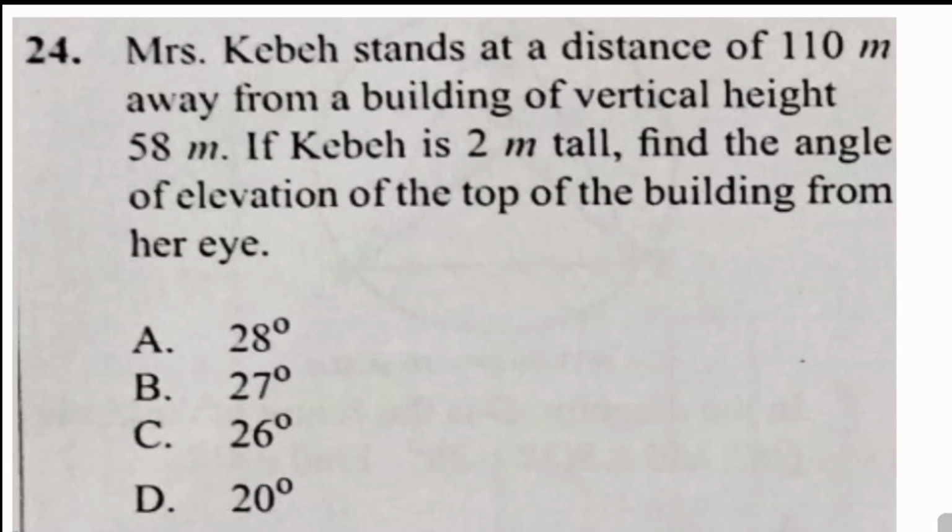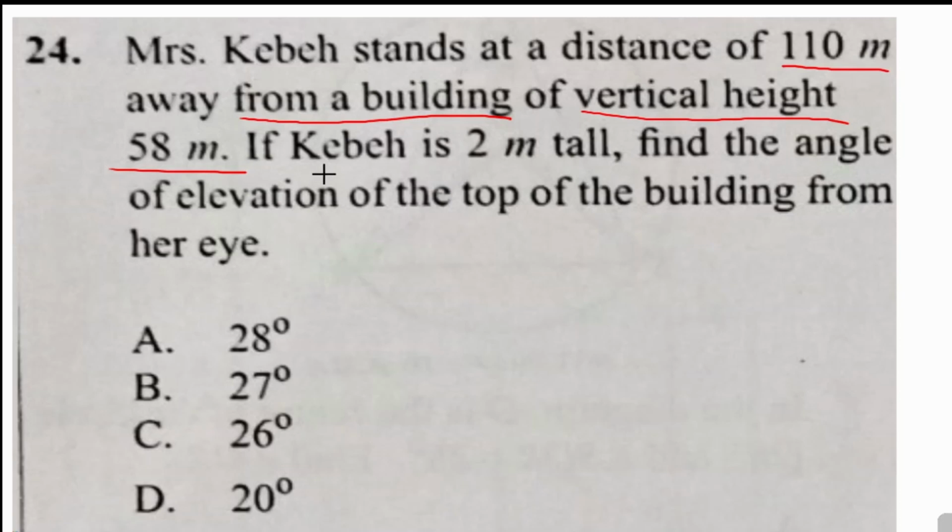Let's quickly start by identifying the key facts from this problem that will help us solve it. So the first thing I would like to look at is the fact that Mrs. Kebe stands at a distance of 110 meters from the building, and the vertical height of the building is 58 meters.